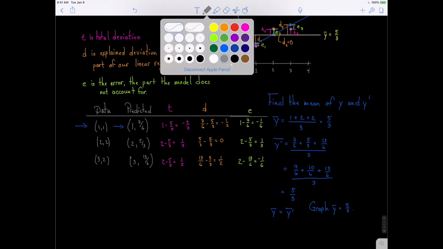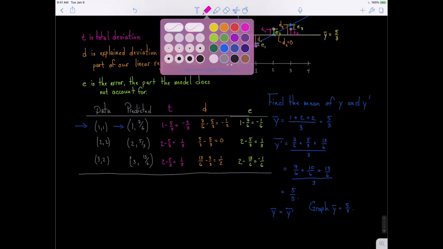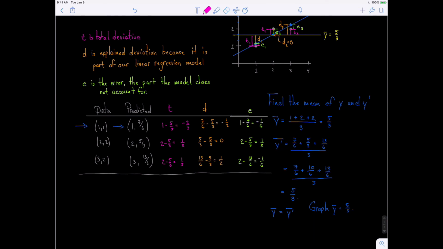So let's go back and let's add up our columns. Notice if I add up my pinks, if I have minus 2/3 plus a 1/3 plus a 1/3, well, that's just 0. So we're going to add all these up. We're just adding our columns. So this is the sum.